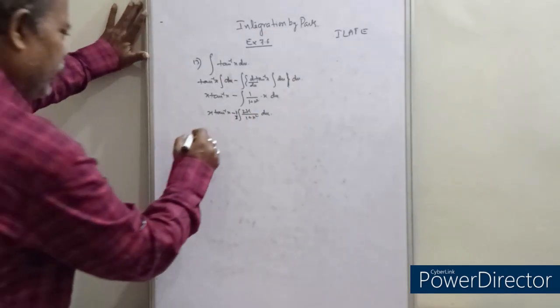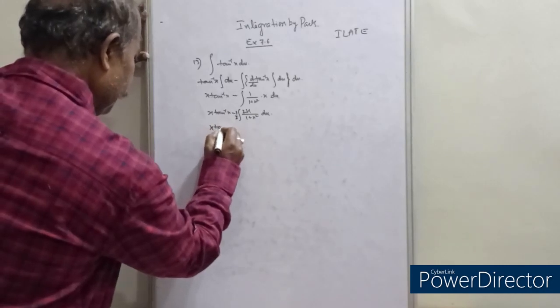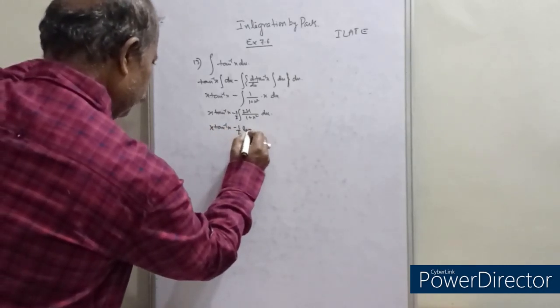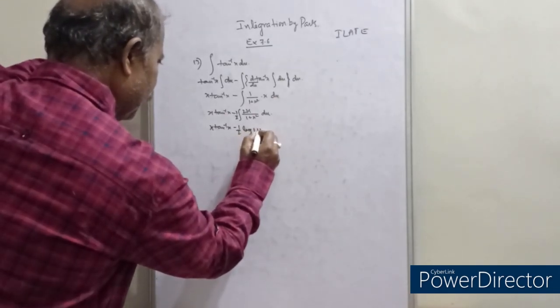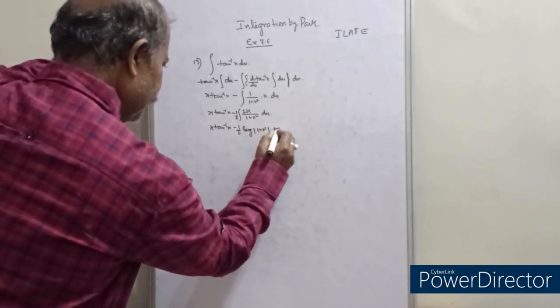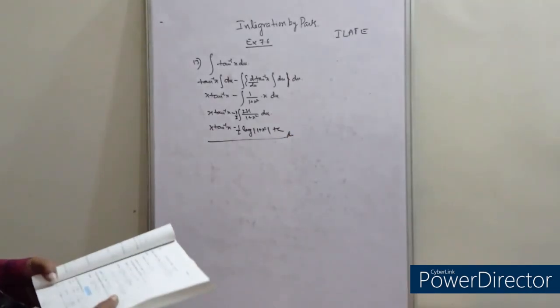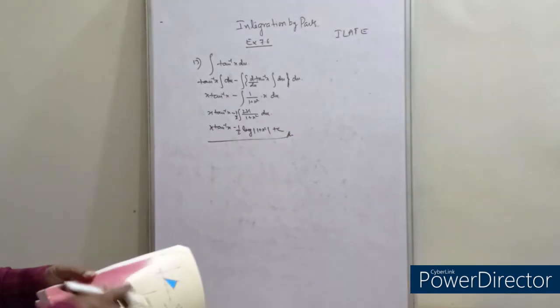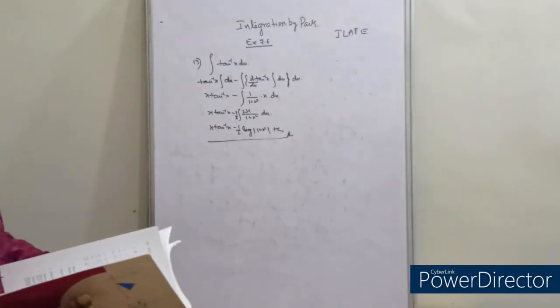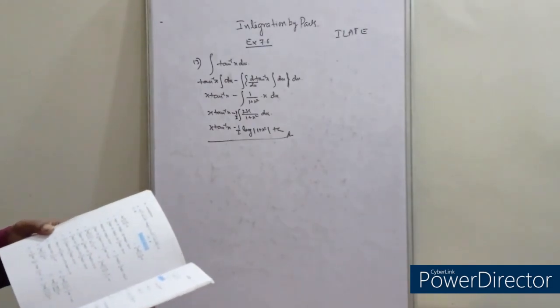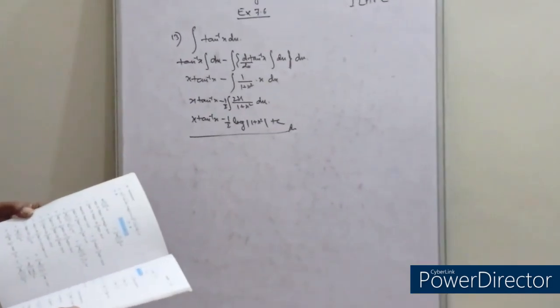Now everything is clear. x tan inverse x minus 1 by 2 log 1 plus x square plus c. So this is your answer. Let me check the answer here. Question number 13, your answer is correct.